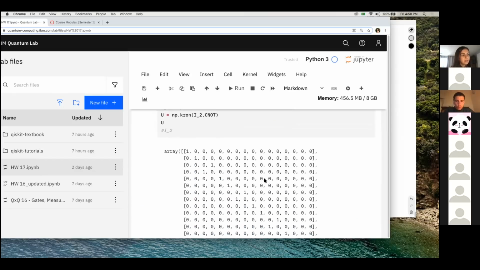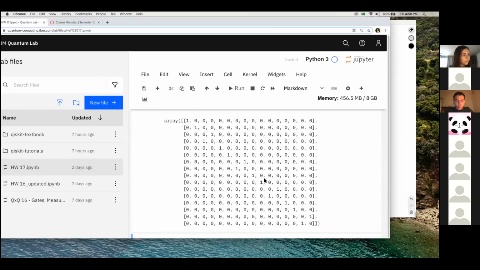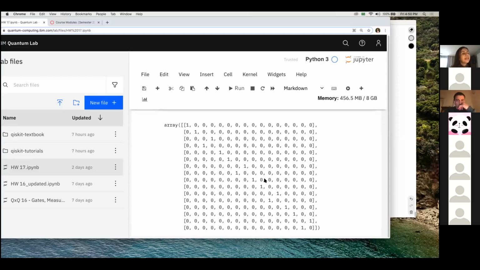A question: is there any application of this calculation? Why does it need two identity matrices from the very beginning? Yeah, it's just a way to show you how the matrices work. In reality, when you're writing your quantum circuit, you don't need it.